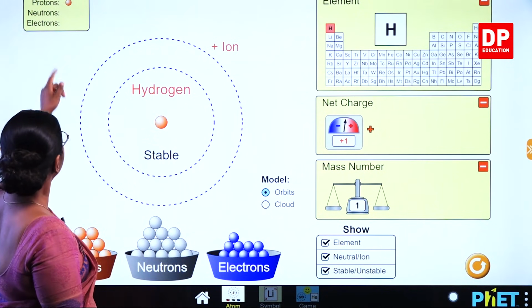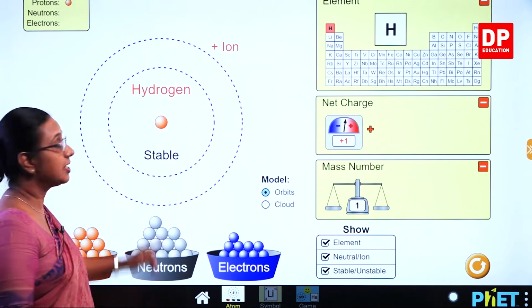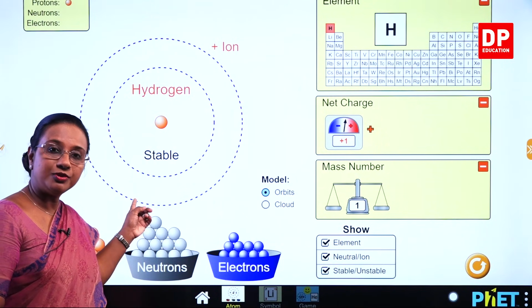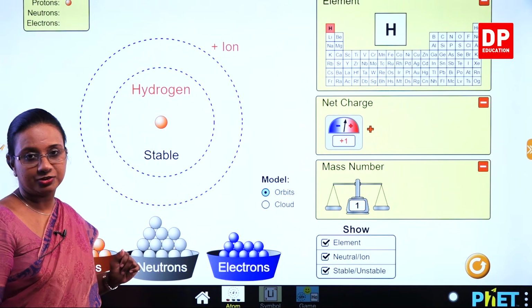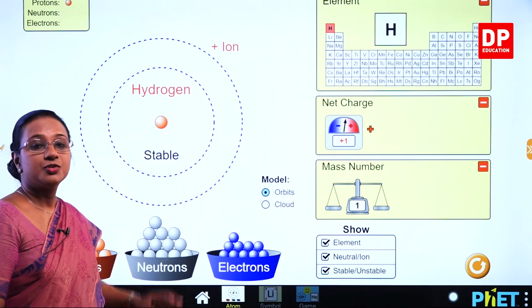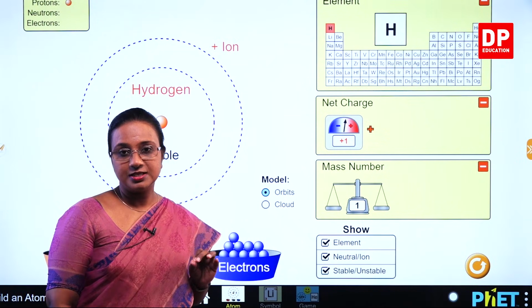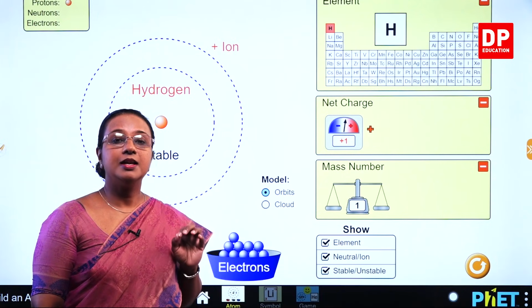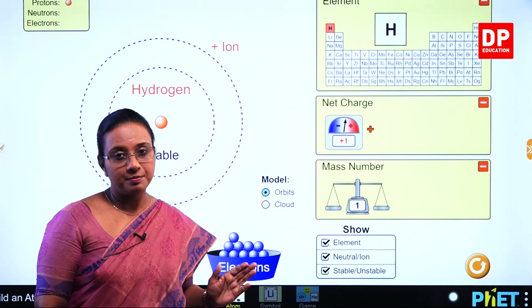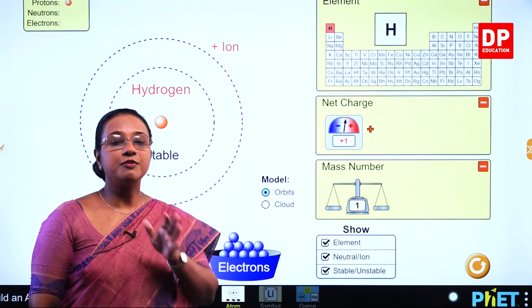So, look at the number of subatomic particles. Now, there is only 1 proton. No neutrons, no electrons in the ion state. So, that is why, students, we take the number of protons as the atomic number and not the number of electrons.